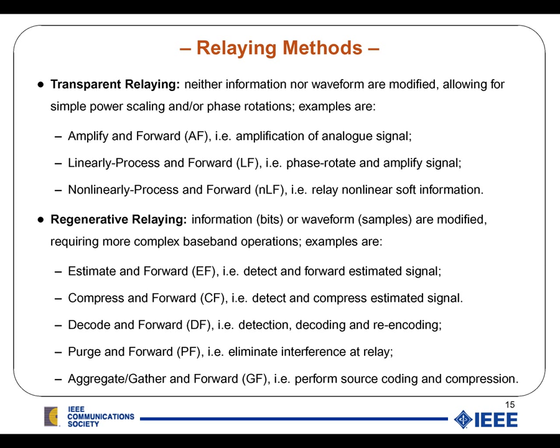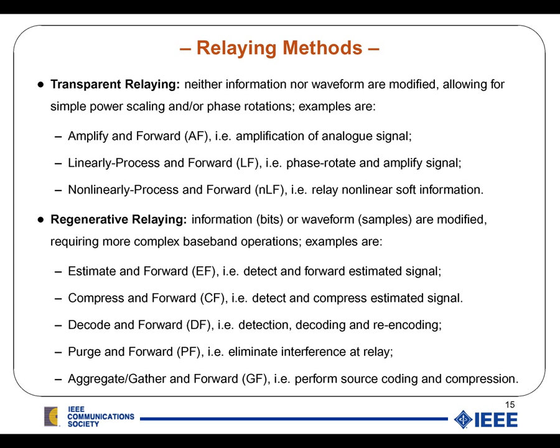As for the varying relaying methods, I'll give you some canonical relaying methods. More methods are out there, and they are often called differently, but I have chosen to split them into two different forms. One is a transparent relaying, the other is a regenerative relaying. The transparent relaying means that neither information nor waveform are modified.